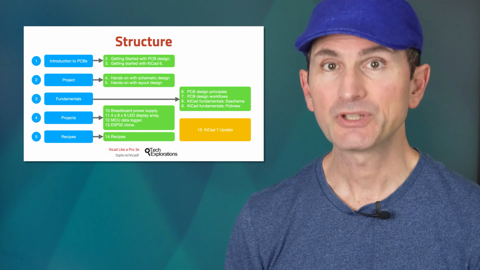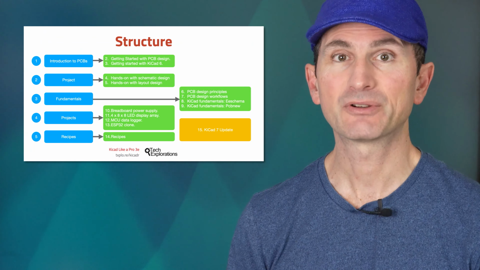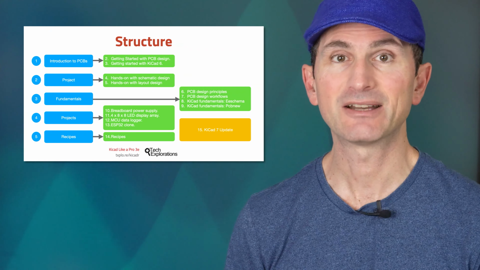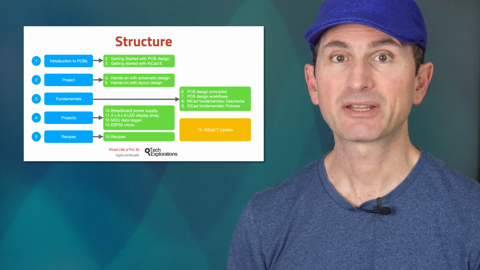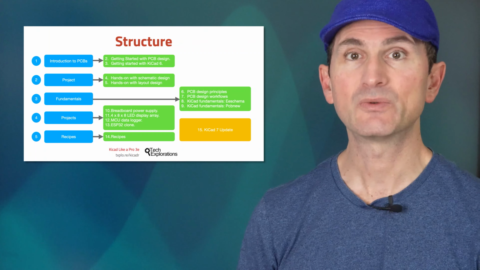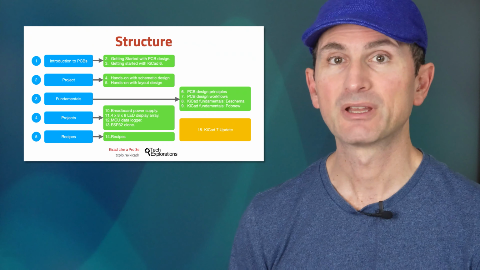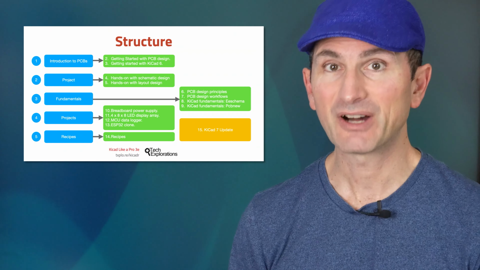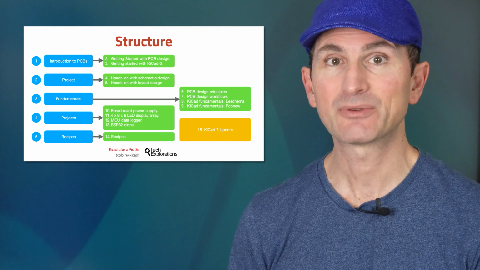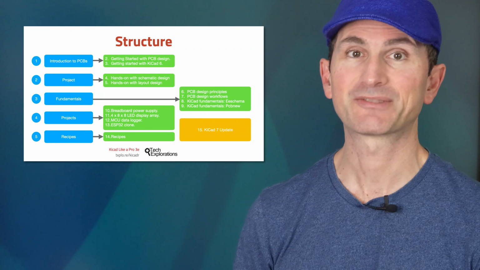If you are not new to PCB design, feel free to go straight to sections 8 and 9 in part 3 to learn about KiCad and then continue with the projects in part 4. Go to the recipes in part 5 and the fundamentals in part 3 as needed for your projects.